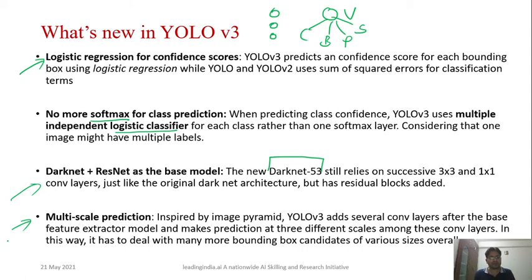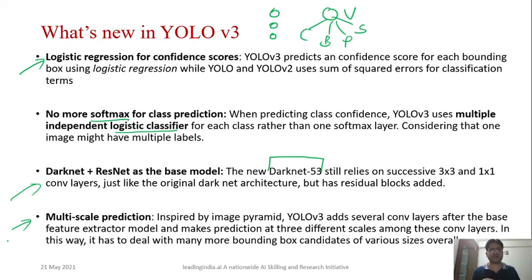Now YOLO version 4 and 5 also came into the picture. They are really different in many aspects, so you can see the details on various platforms. You will find version 4 and 5 are closely related to each other, or you can say they are very similar.